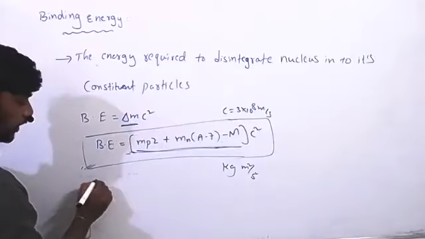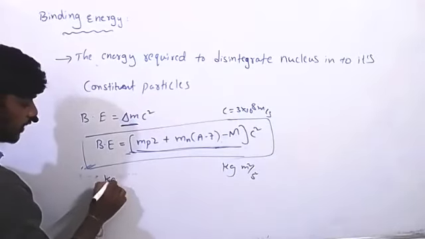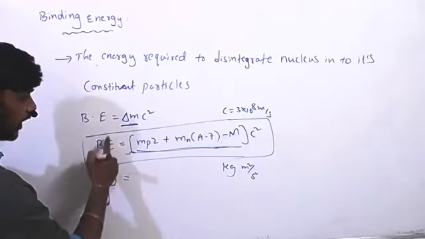Binding energy equals mass defect. If this mass defect is measured in kg, then binding energy we will measure in joules.